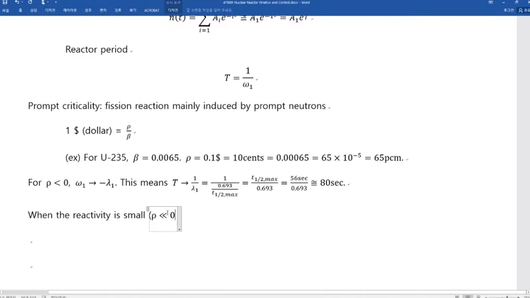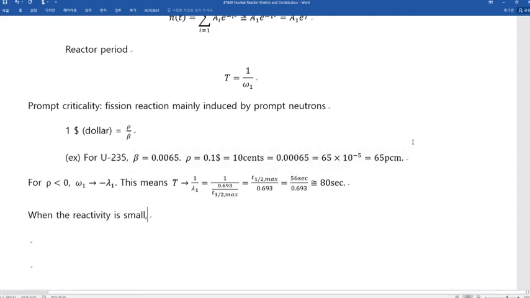I cannot write 1 here because 0.1 or 0.01 is still a huge magnitude in the world of reactivity. So let me erase this part.